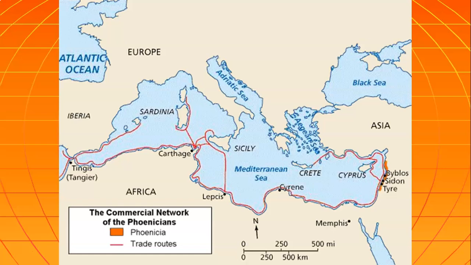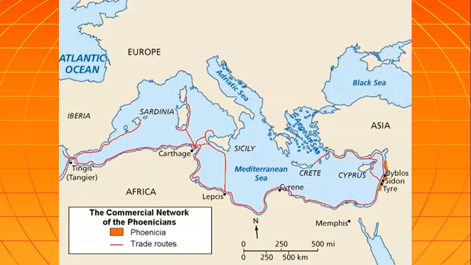This is a map you're going to see again next week. But this is the Phoenicians. The Phoenicians and the Hebrews, when they headed west, set up some cities along the Levant, the coast of the Mediterranean. But the Phoenicians were unique because they were seafaring peoples. They were primarily focused on trade by the Mediterranean Sea.